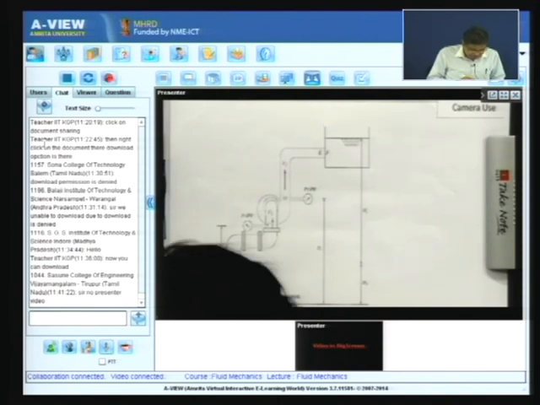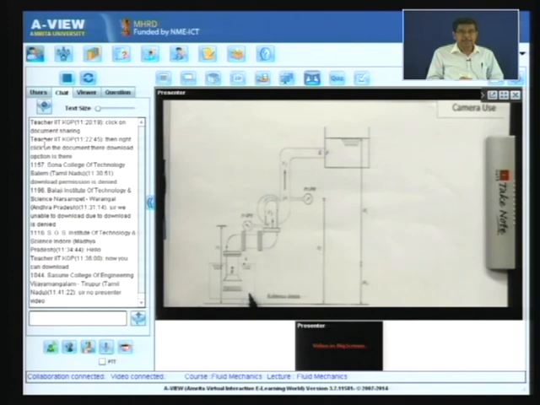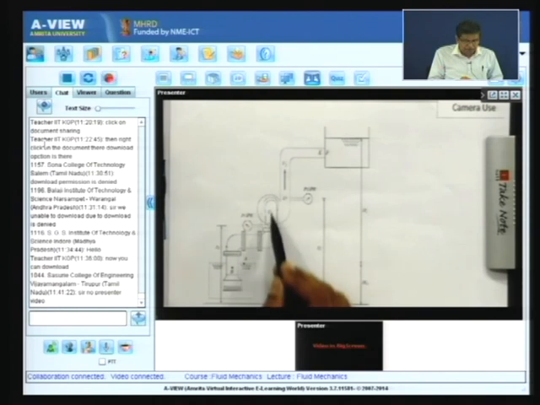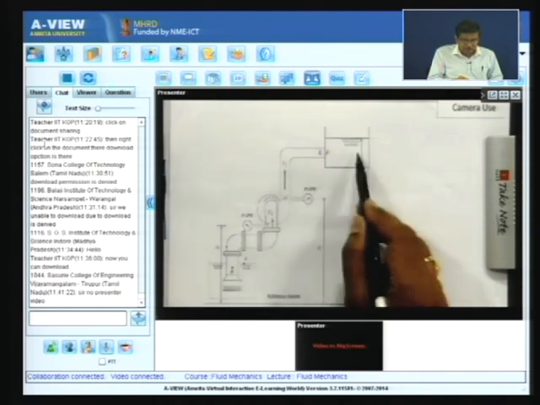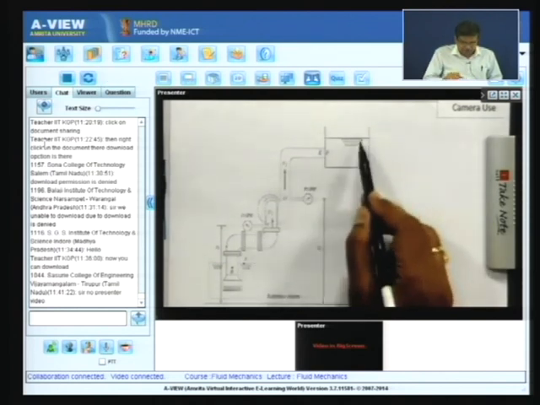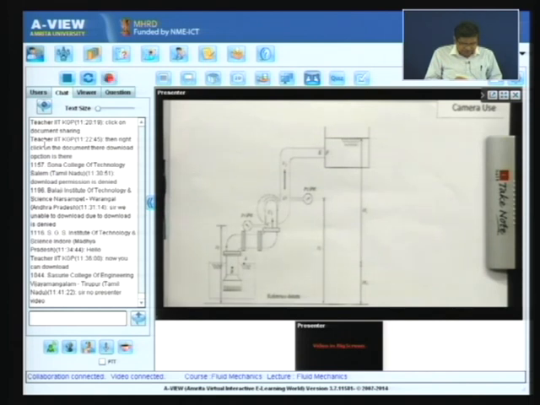Let us consider this as a reservoir, and this as a reservoir. The water goes through this pipe to the pump and it is delivered to a reservoir at high altitude. Let us have a reference datum here.